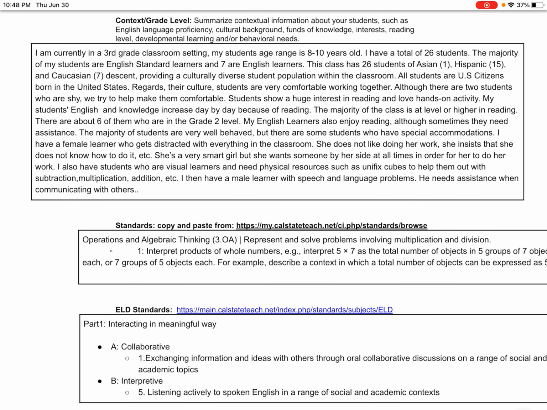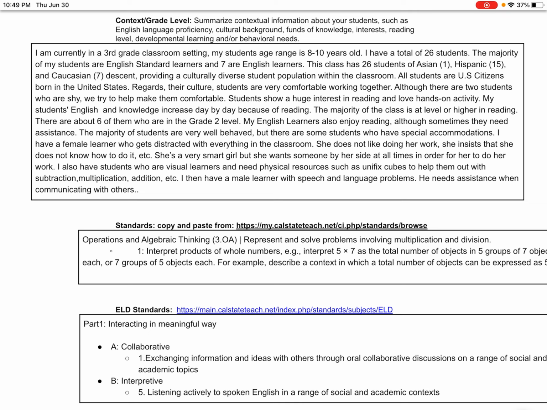So I talked about my students, the age range, the total number of students that I have. I talked about how the majority of my students are standard learners, and just 7 of them are EL learners. Then I talked about the breakdown of my students' race. So 1 is Asian, 15 are Hispanic, and 7 are Caucasian descent, etc.